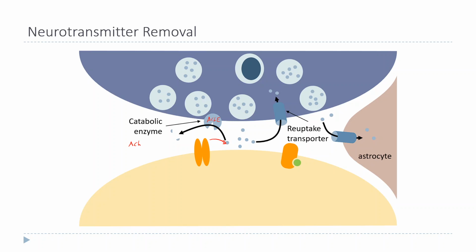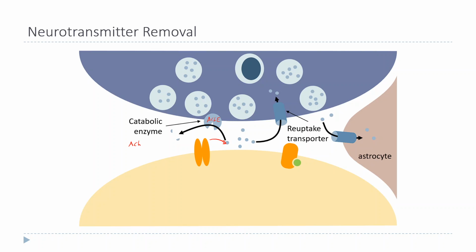Acetylcholine esterase breaks acetylcholine down into choline and acetate. What's important is that those two molecules separately do not bind to the acetylcholine receptor, so it has the effect of removing the neurotransmitter from the synaptic cleft.